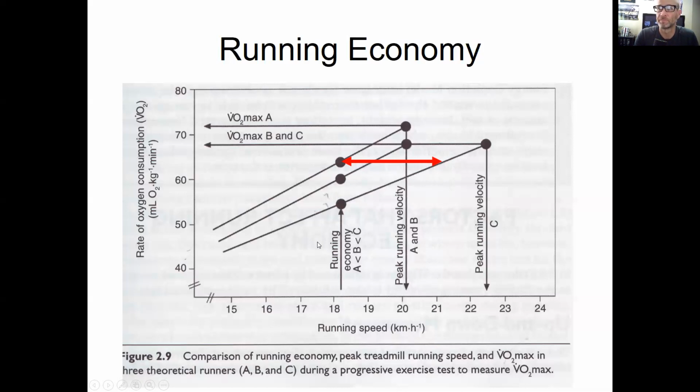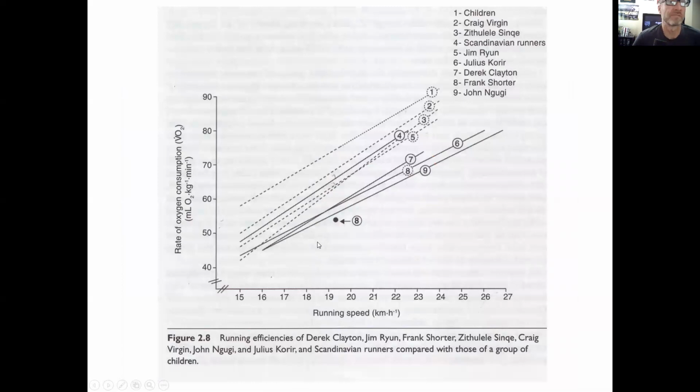Here's just some data from some different runners and groups of runners. One is children, two is Craig Virgin, and so forth with each runner. On the y-axis, rate of oxygen consumption, and I want you to get in the habit of always looking at what's on the y-axis for these plots, because we need to be really careful in reading some of these plots.